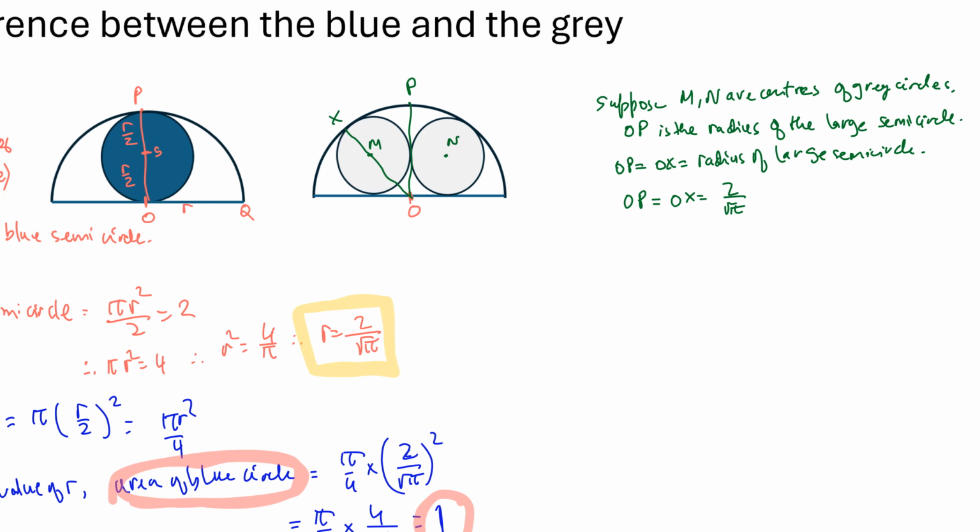I will not be needing the OP that much, but what I am going to do is draw 2 more radii of the small circles, of the grey circles.